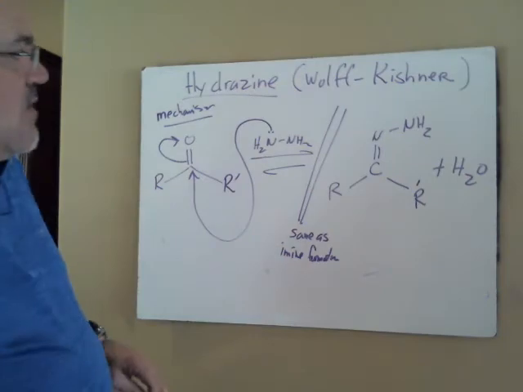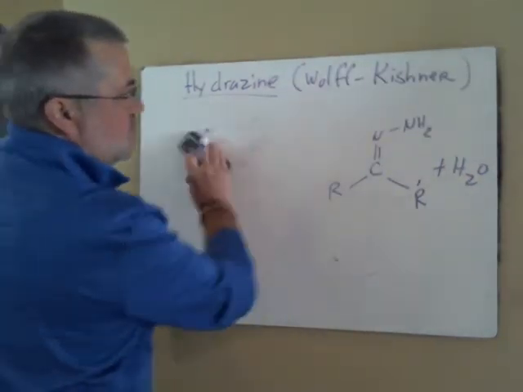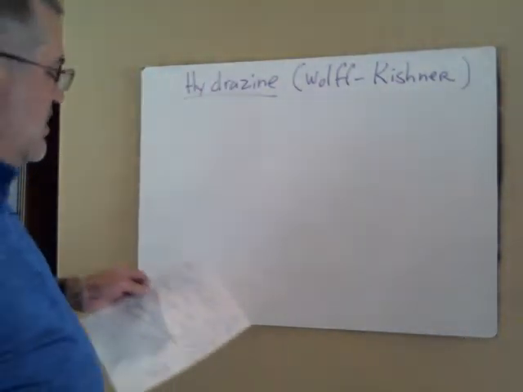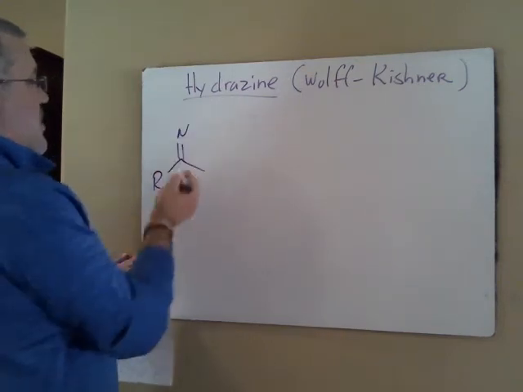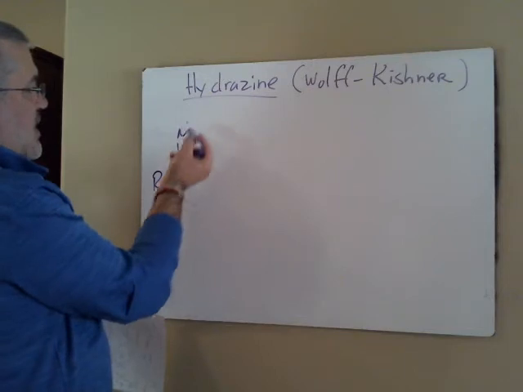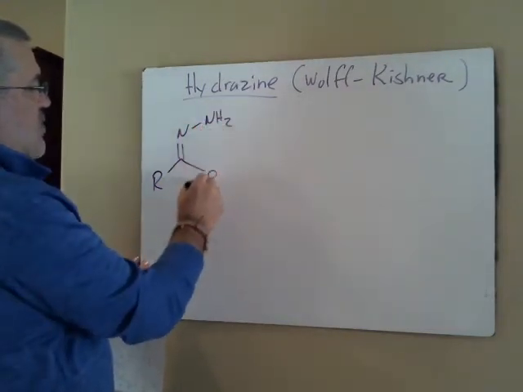Okay, so I'm going to redraw this over here. Remember, double bond between what used to be the carbonyl carbon and the attacking nucleophile, and you've expelled water, which we saw.